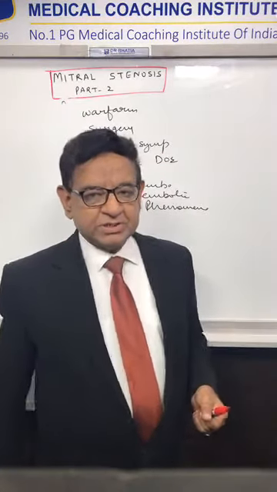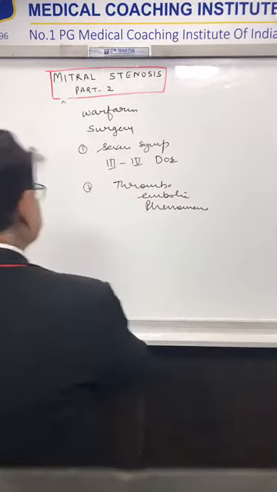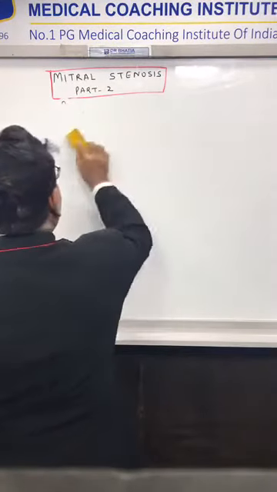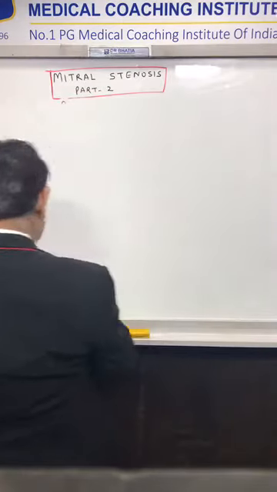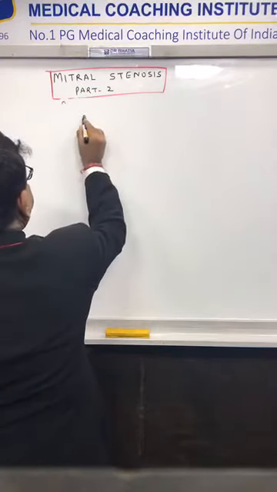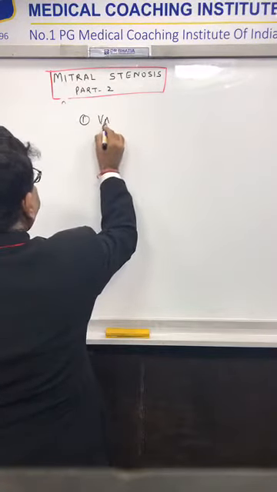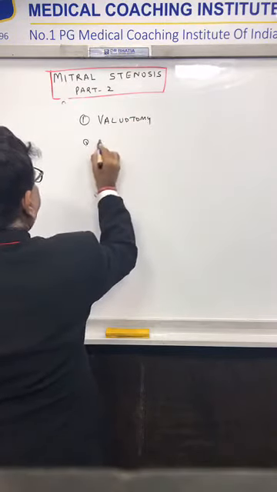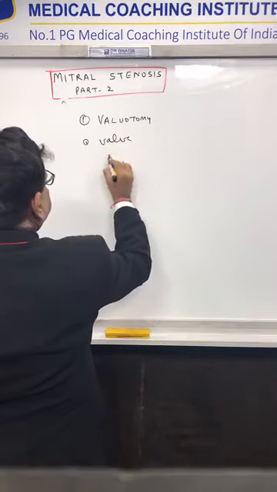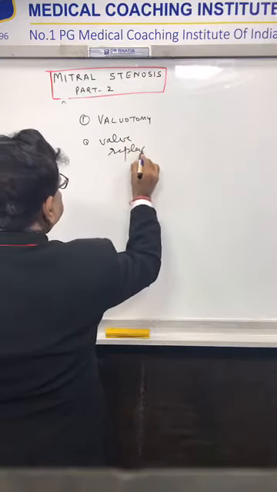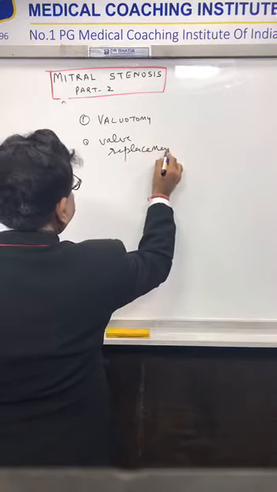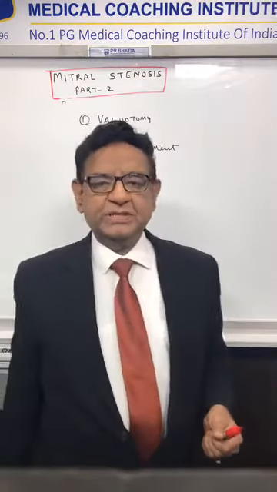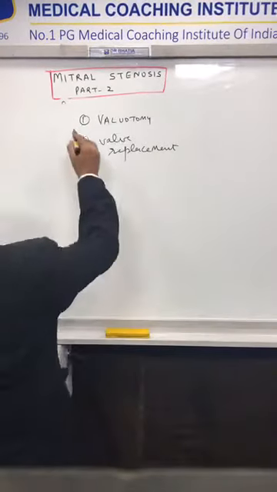Now, what type of surgeries can we do? The surgeries we can do are, number 1, valvotomy, and the other is valve replacement. Valvotomy and valve replacement.